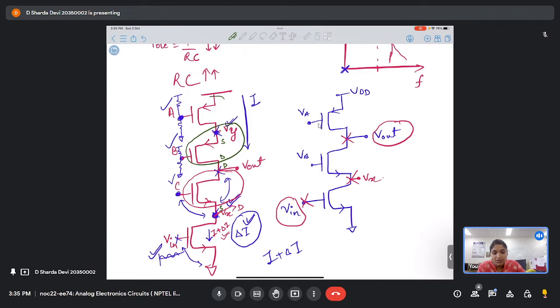But what about this transistor A? We cannot adjust it, ma'am. Here we only have one chance, that is we can adjust its drain, but we can never adjust its source because its source is connected to DC.